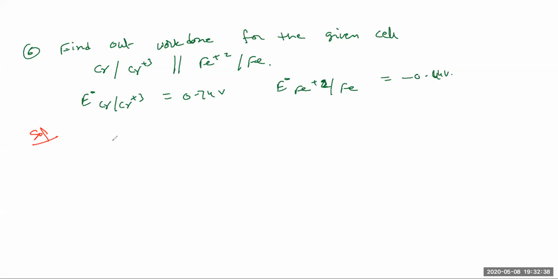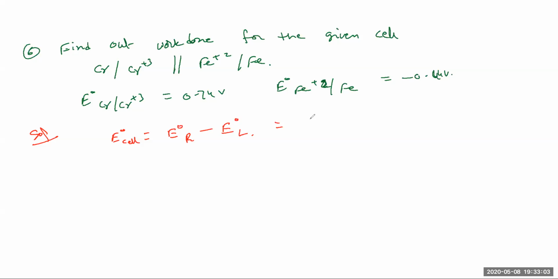Okay, actually, first find the E naught cell. Here concentrations are not given, directly go through the calculation. That means E naught cathode minus E naught anode. What is a reduction potential?